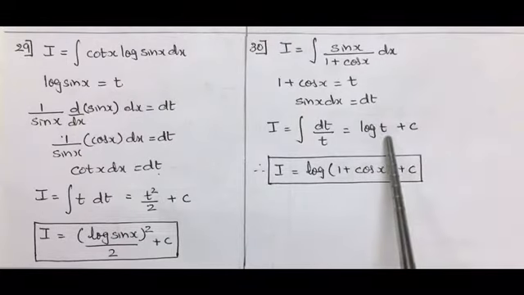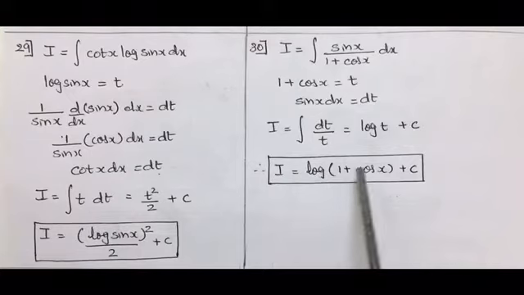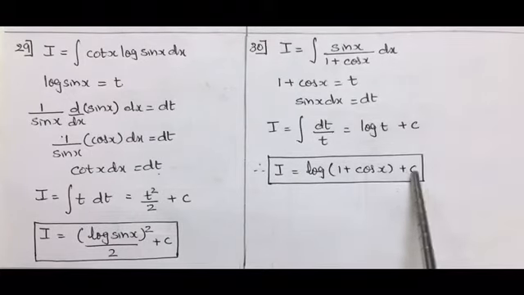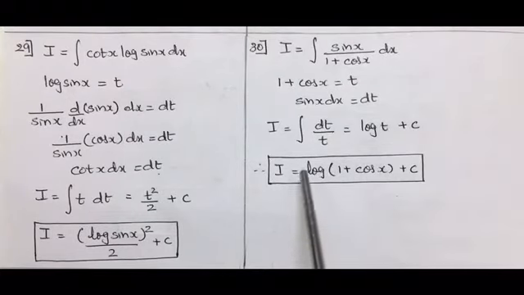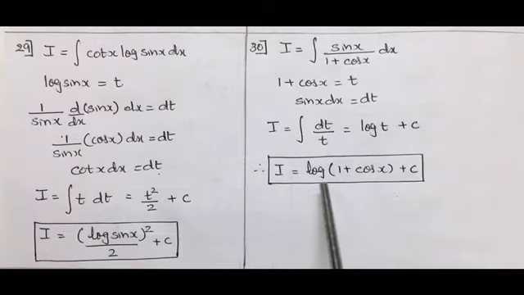Putting the value of t as 1 plus cos x, we'll get here minus log 1 plus cos x plus c as the answer, and minus 1 if we take it in power, then the answer becomes log 1 upon 1 plus cos x plus c.